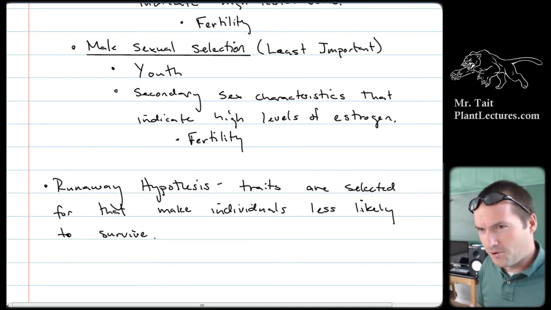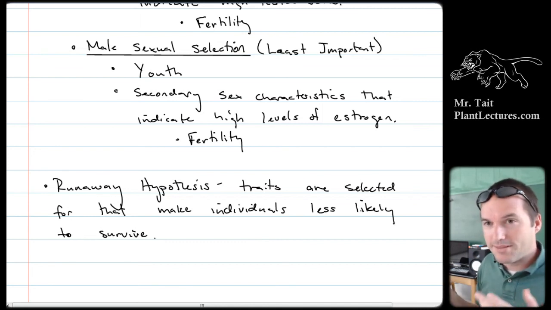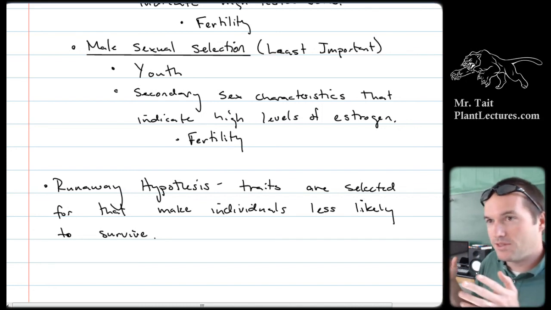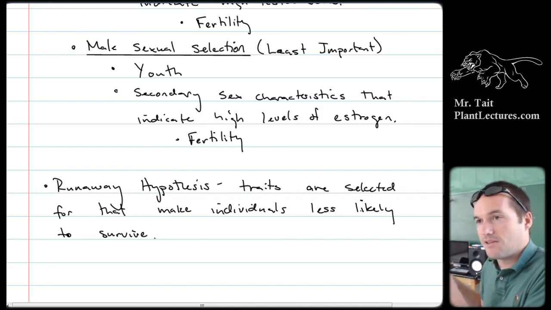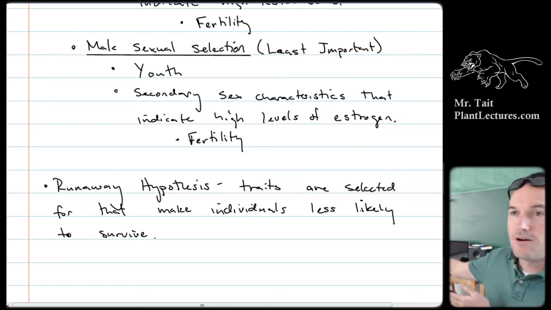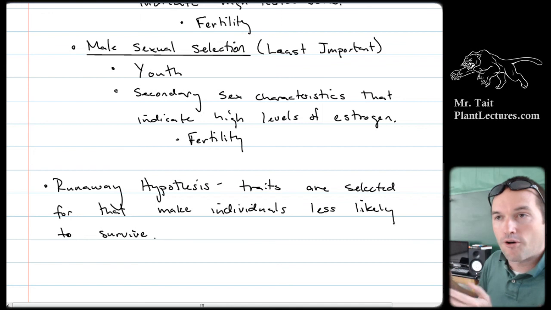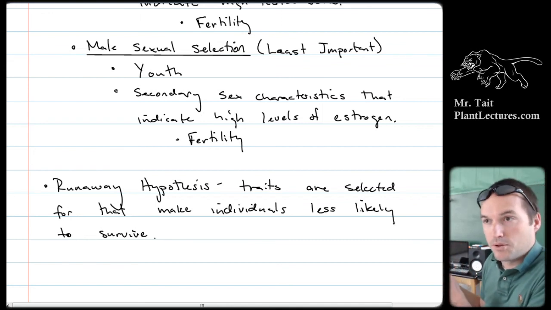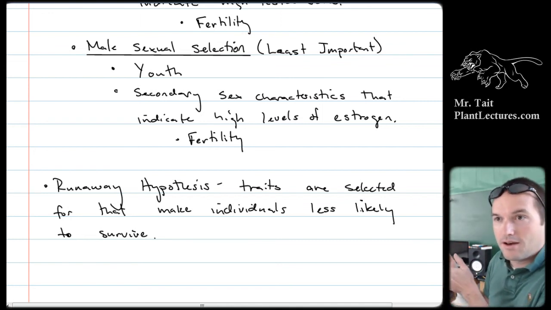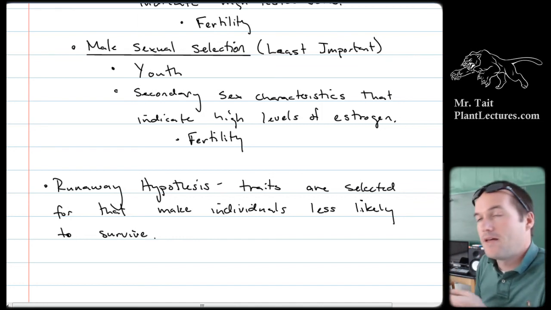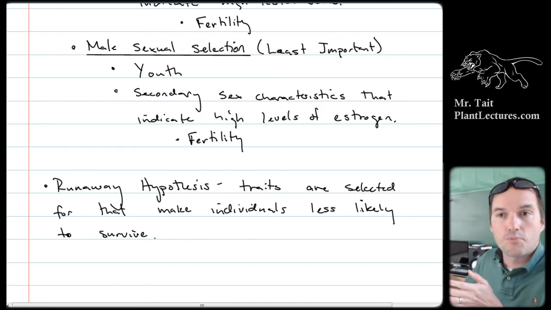They can't get as much food, right? But they still have these brilliant plumages, and so they get selected for. So even this less biologically fit male that maybe has, you know, a 6-foot plumage would be selected over a male that has a 3-foot plumage that's faster and can fly better and can find more food, because it's what's called the runaway hypothesis.